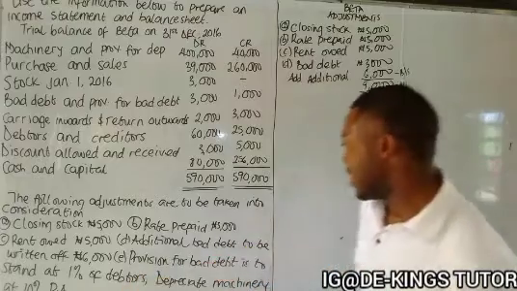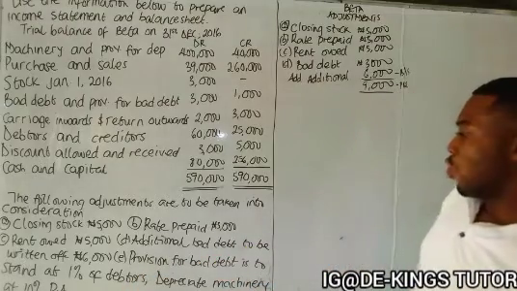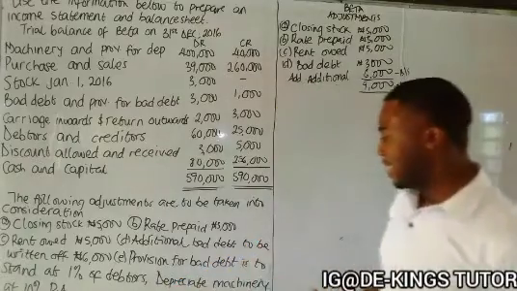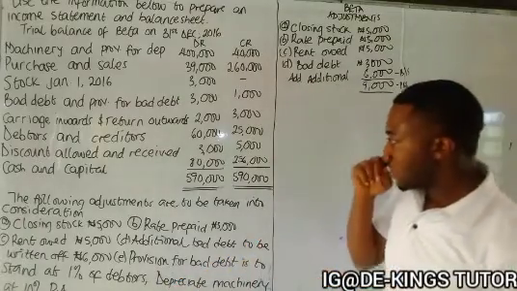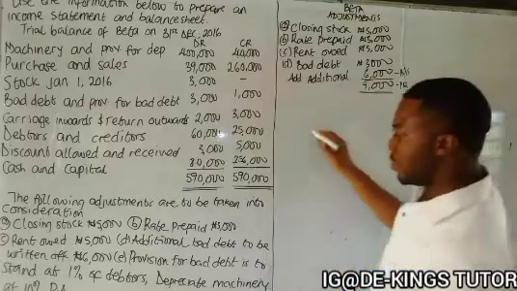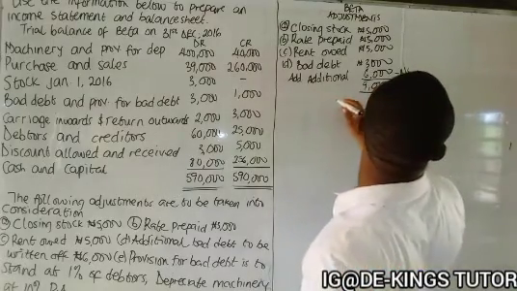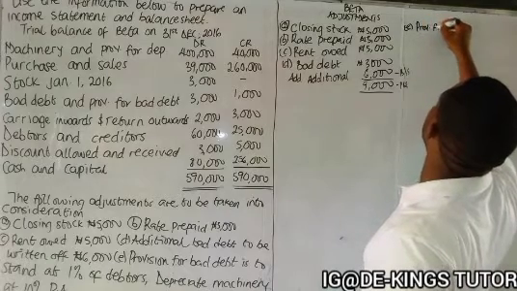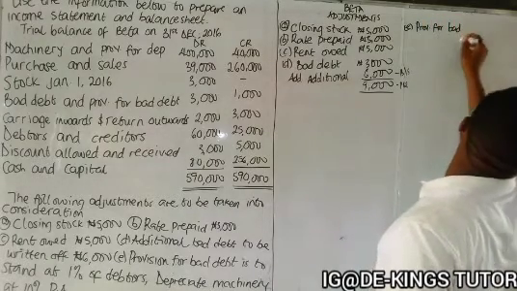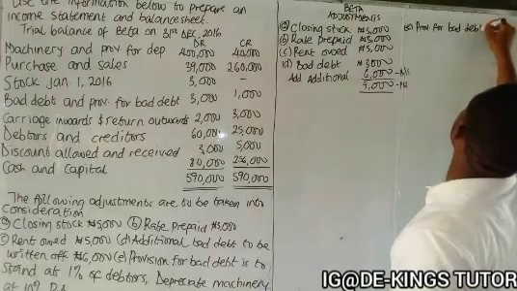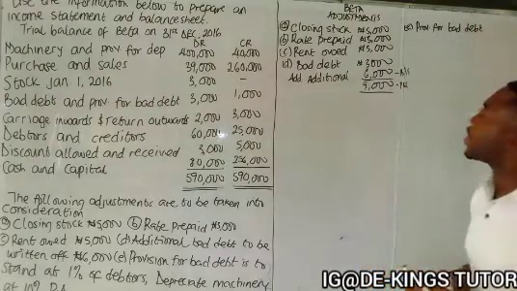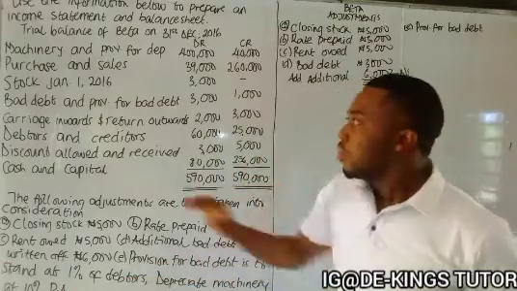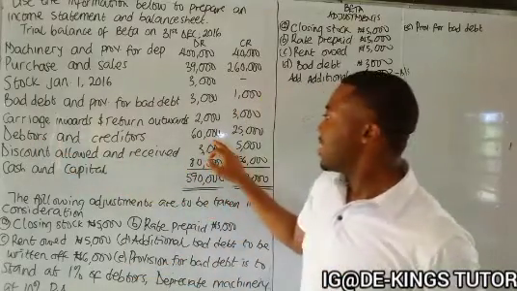Now E, they say provision for bad debt is to stand at 1% of debtors. So we are going to do the provision for bad debt. Now look at the debtors figure, 60,000.